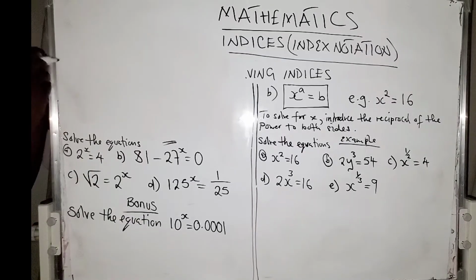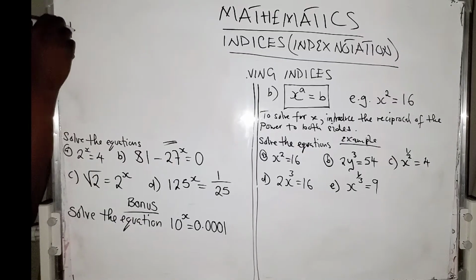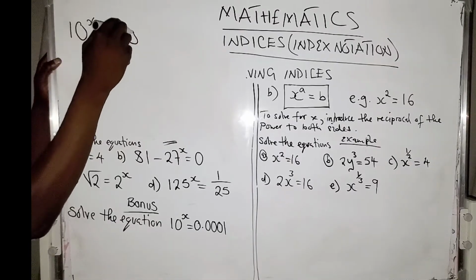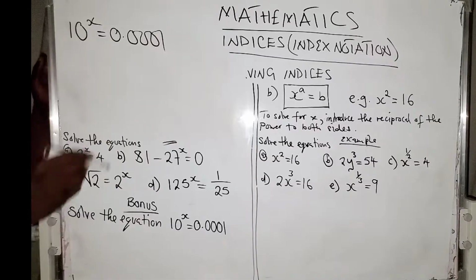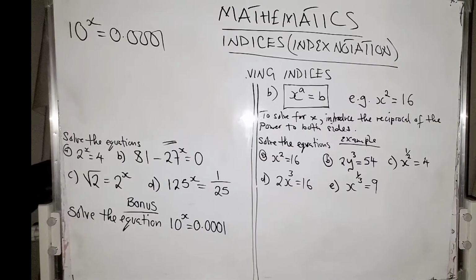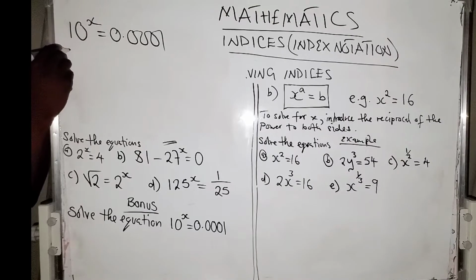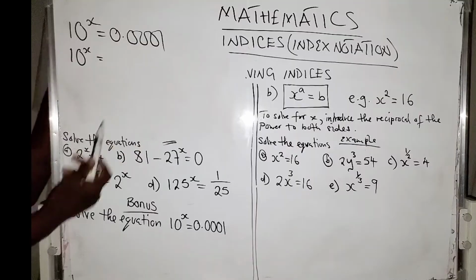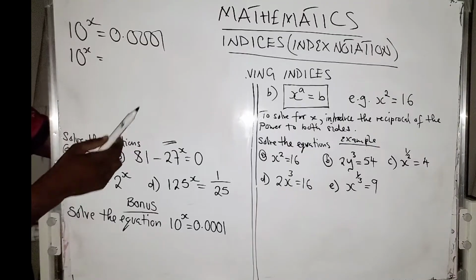This is a bonus question, and it's 10 to the power x is equal to 0.0001. How many zeros? 3 zeros after the decimal point. So an equation. Solve the equation. Now it's simple. Just write this one the way it is: 10 to the power x is equal to. Write this one in standard form.